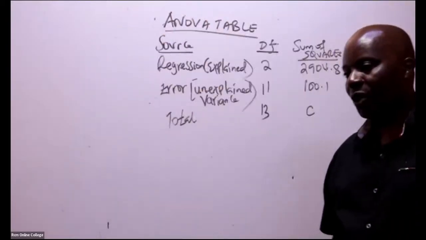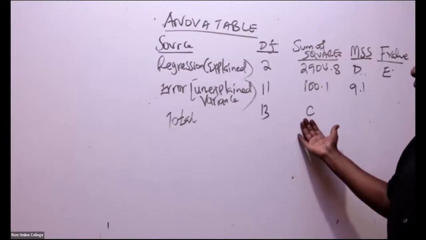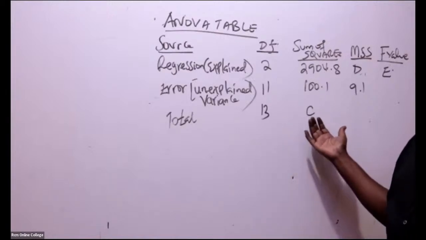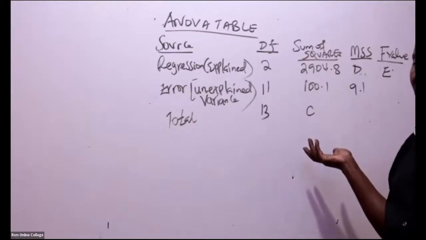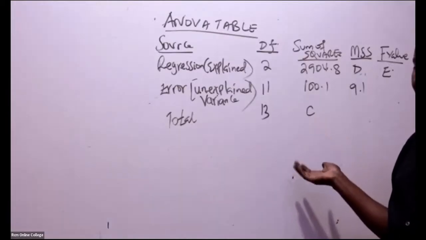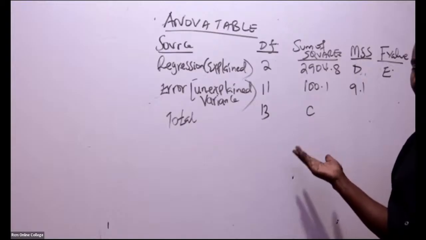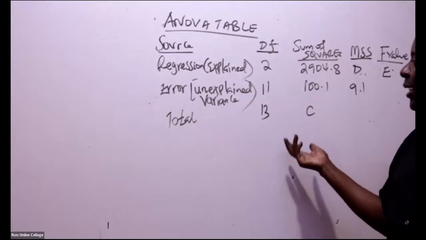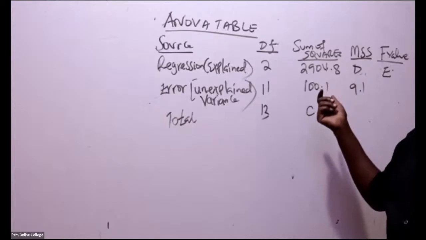Thank you so much. And now they want us to get this C. Can somebody tell me, what do you think we shall do to get C? You can see 2 plus 11 goes to 13. So even here we shall add.